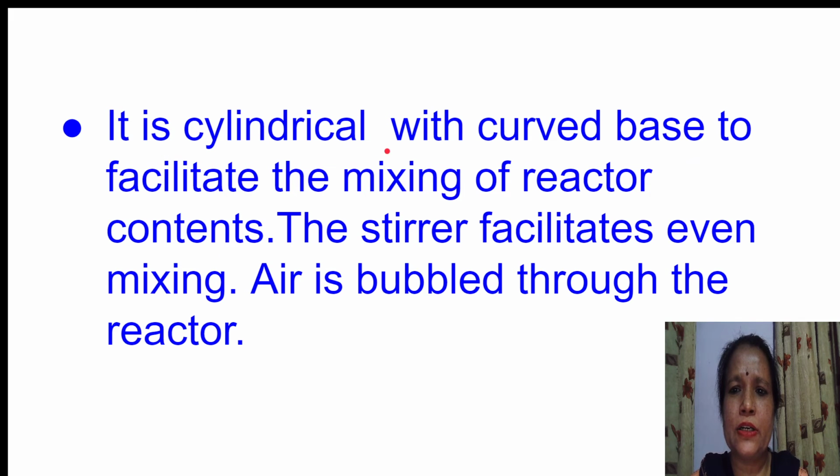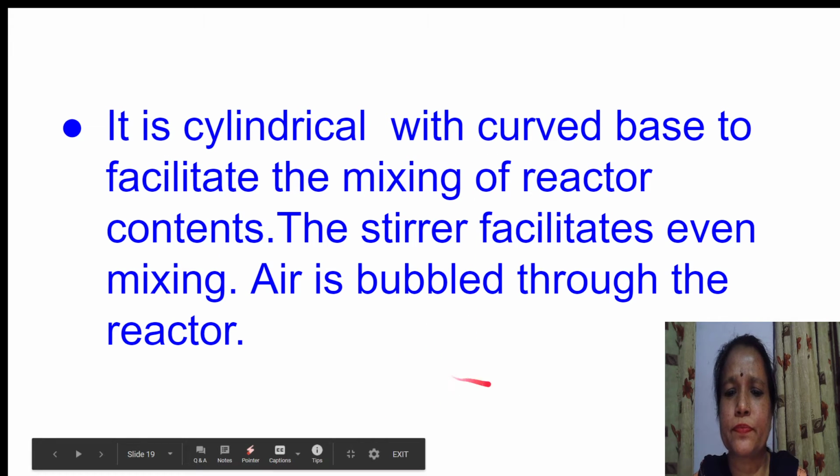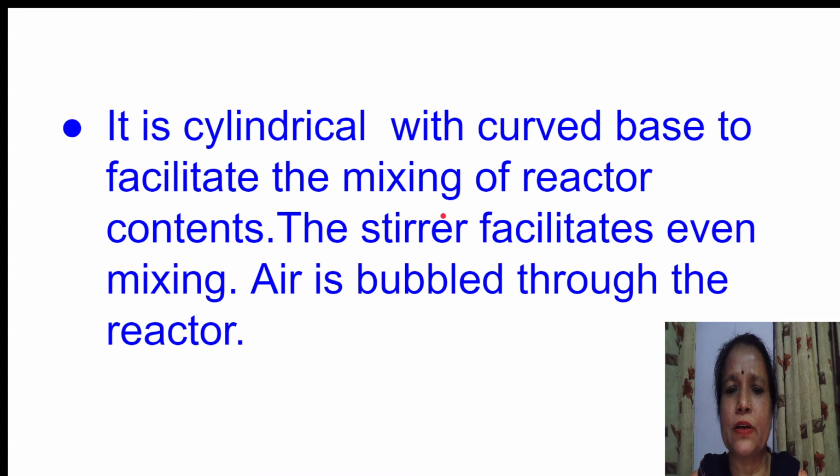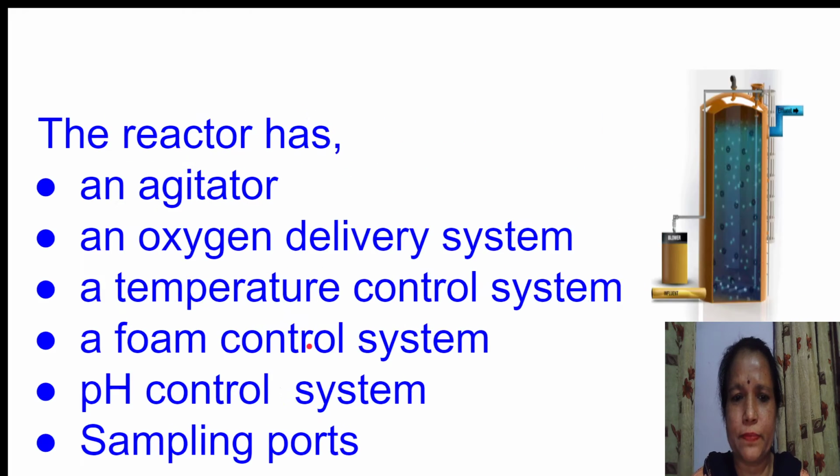A bioreactor is cylindrical with a curved base. It facilitates the mixing of the reactor contents, which will help to mix all the contents present in the bioreactor. It is fitted with a stirrer, which will facilitate even mixing, so all the microorganisms get sufficient oxygen. Air is also bubbled through the bioreactor because the microorganisms are respiring aerobically.